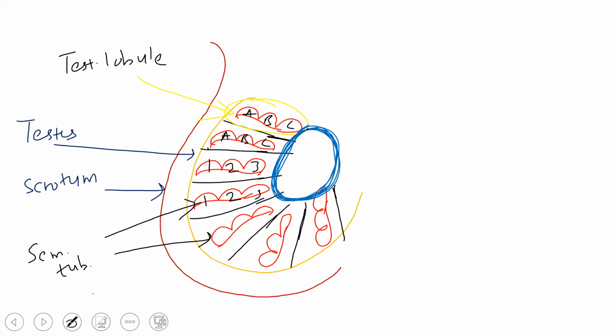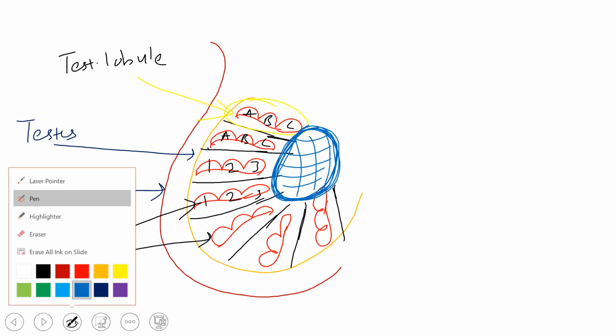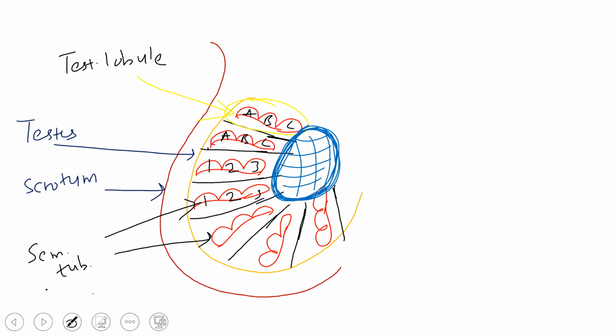Each of these will combine in a net-like structure, and they will form this sort of structure.